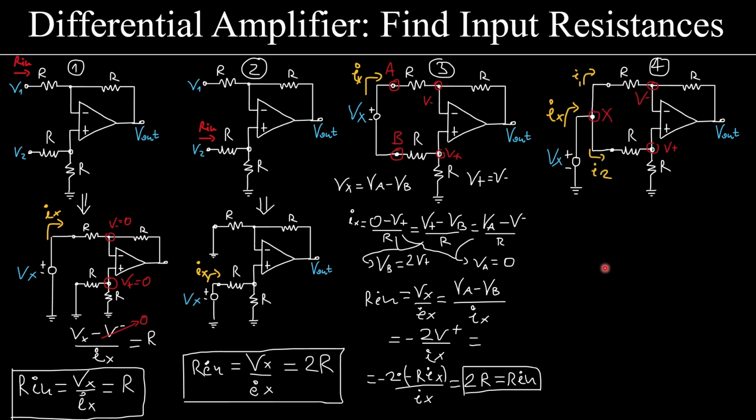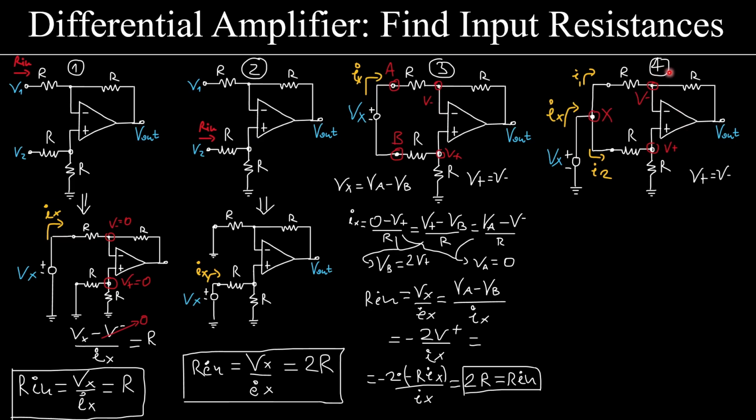Now, first thing I do, I name this point as node X, and then say that this current Ix splits into two currents, I1 and I2. Uh-oh, it's not the same as previously, right? Where I had the same current. Will this make my life difficult? Well, we will see.